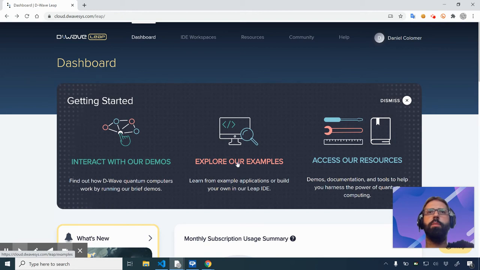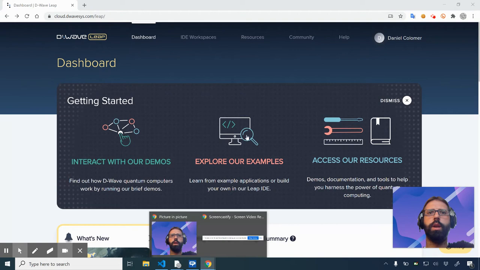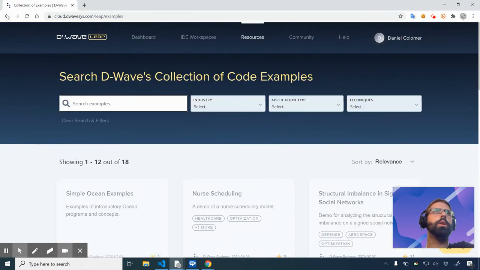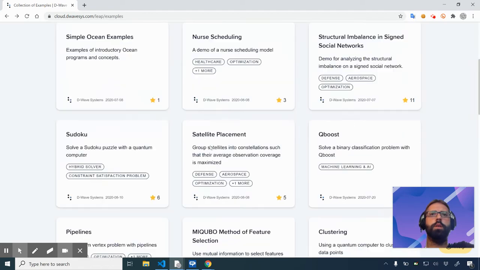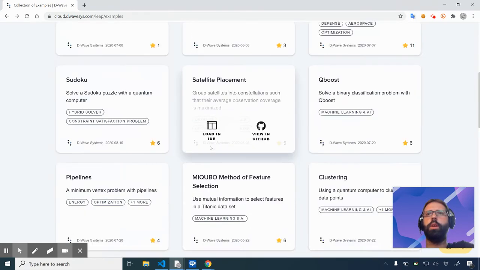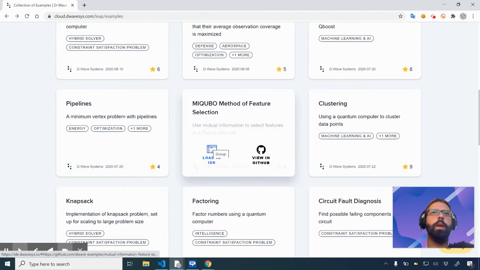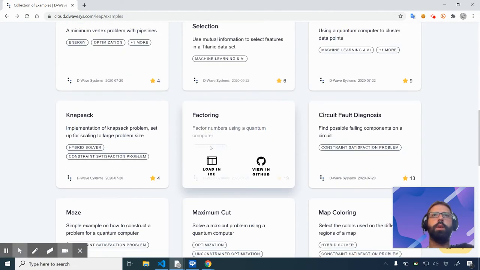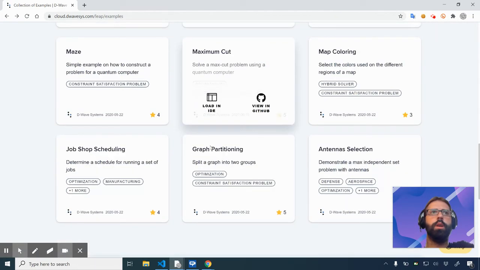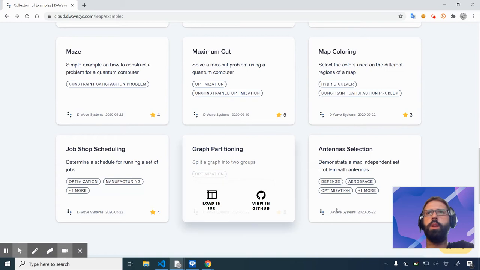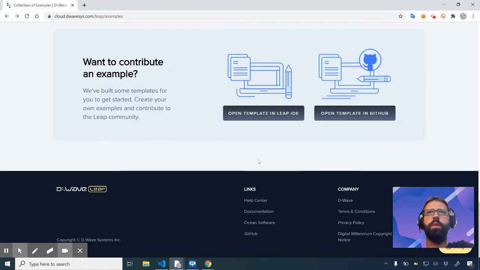Explore our examples. Okay, nurse scheduling, QBoost, clustering, pipelines, knapsack, factoring, map coloring. So there's basically a bunch of examples.